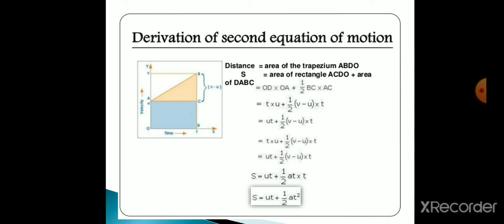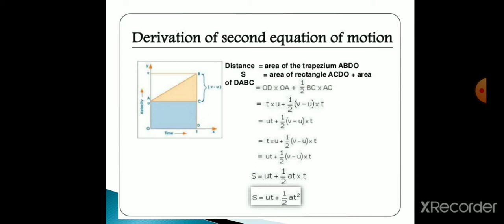So, in order to get displacement, we have to find the area of the rectangle plus the area of the triangle. We know area of a rectangle is equivalent to length into breadth, which is equivalent to OD into OA.